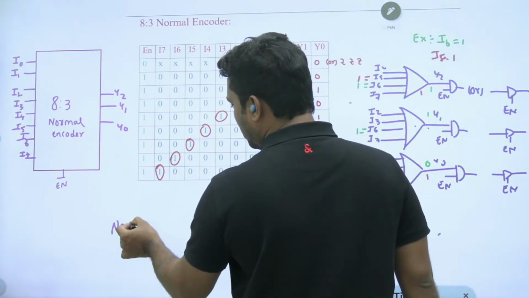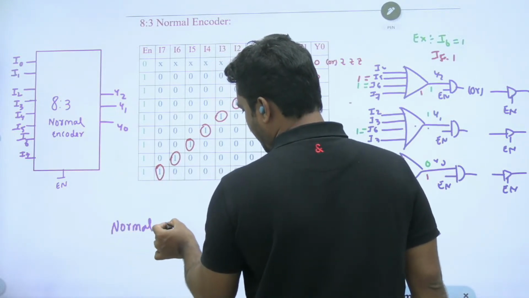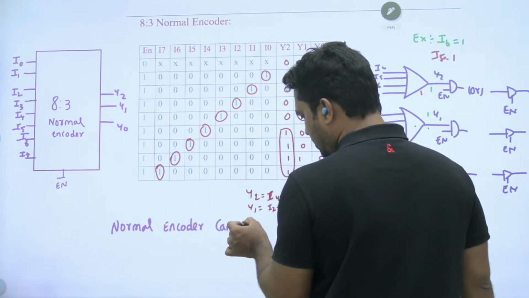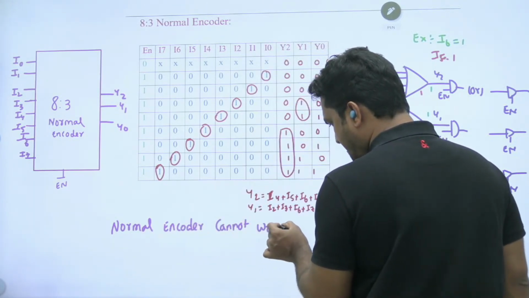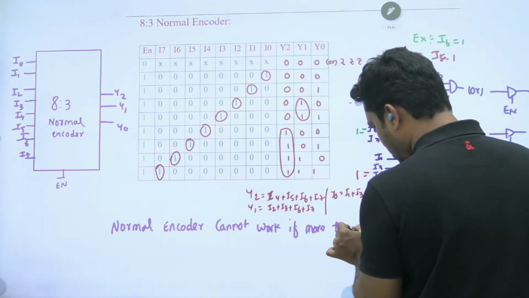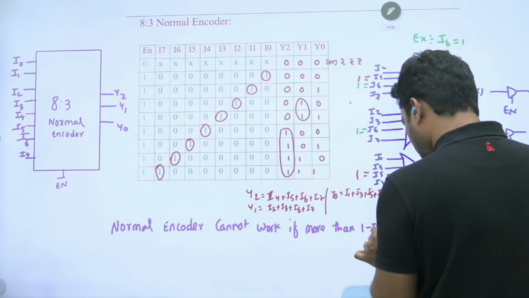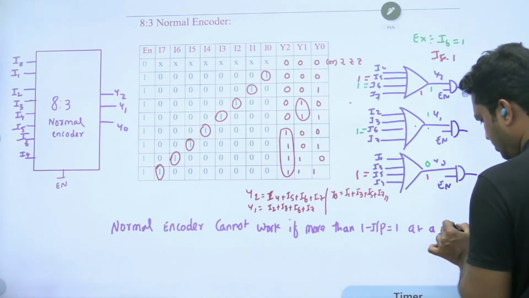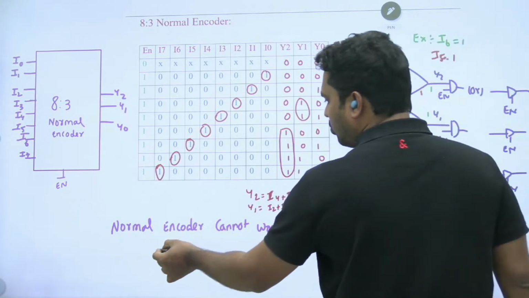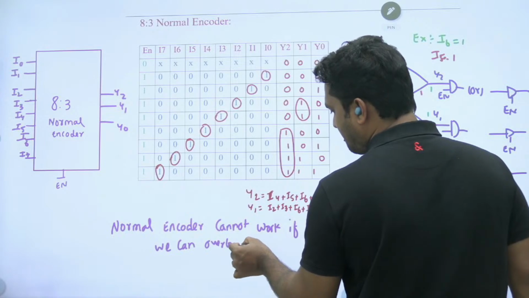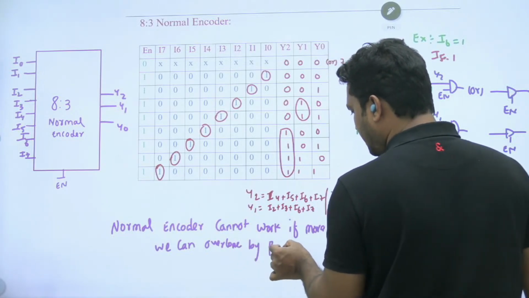A normal encoder cannot work if more than one input is equal to 1 at a time. We can overcome this by a priority encoder.